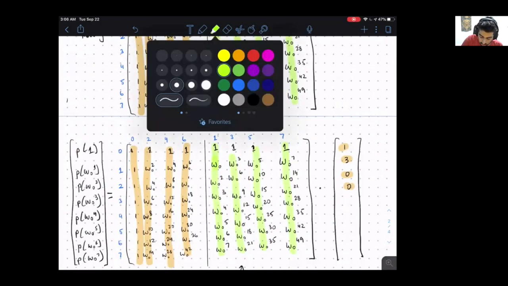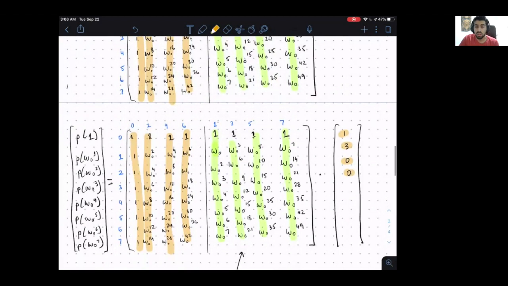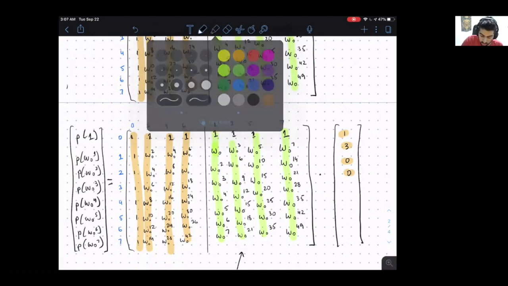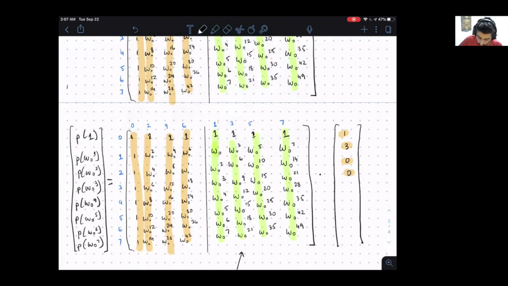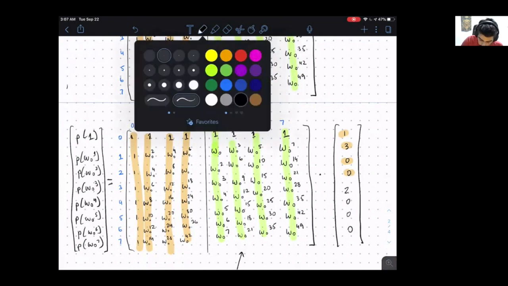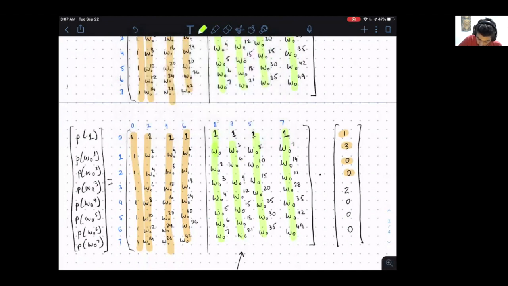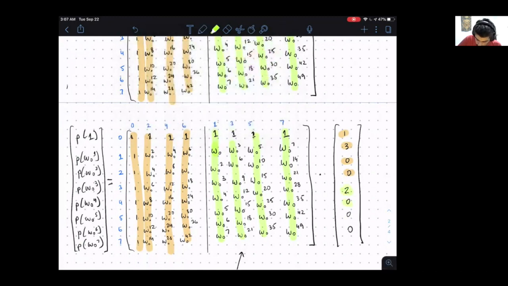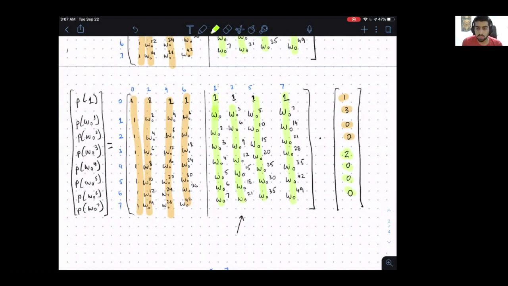So these are the even-termed coefficients and the odd-termed coefficients, and we're just reordering those the same way that we reordered the columns of the Vandermonde matrix.